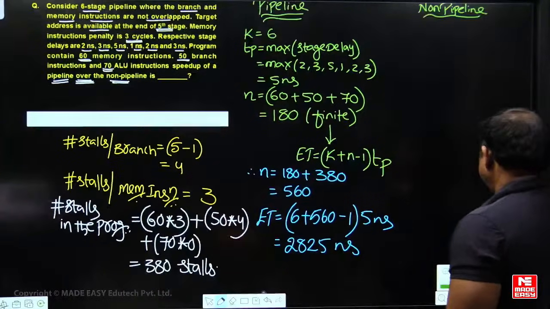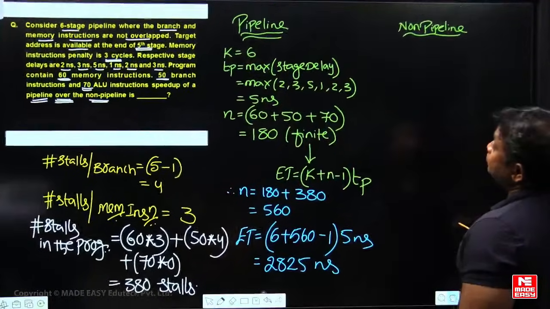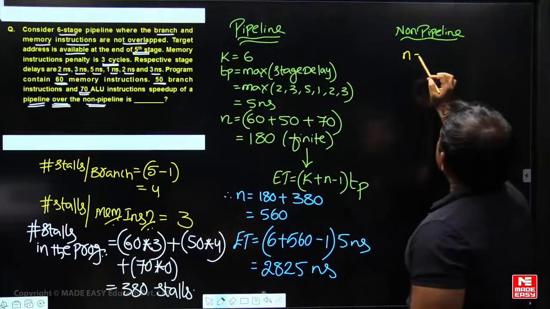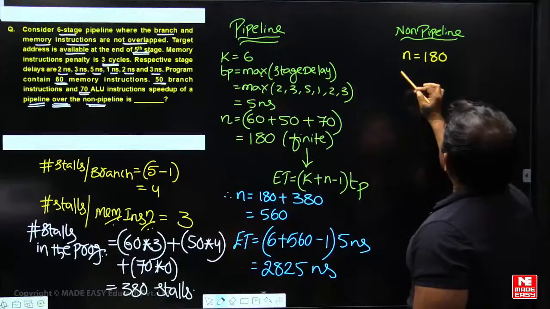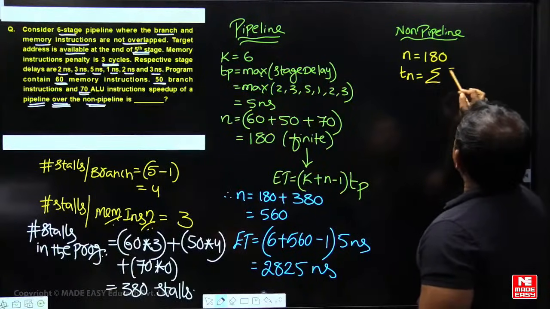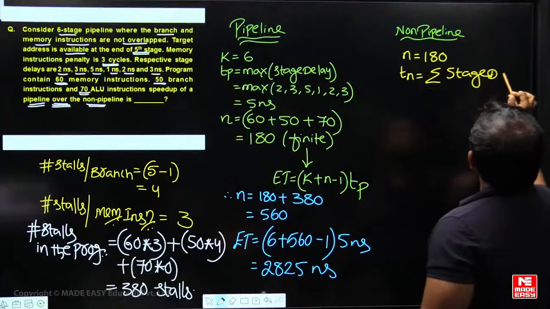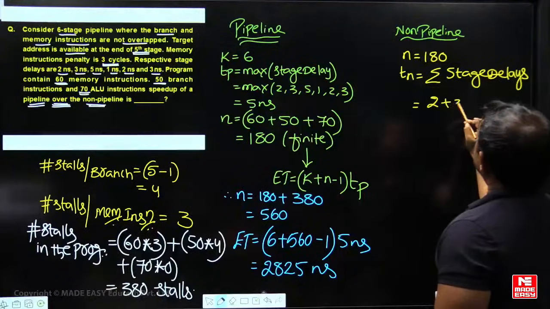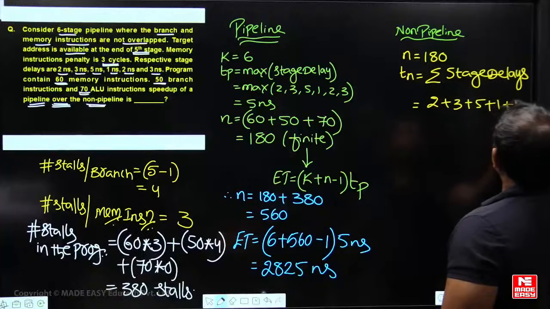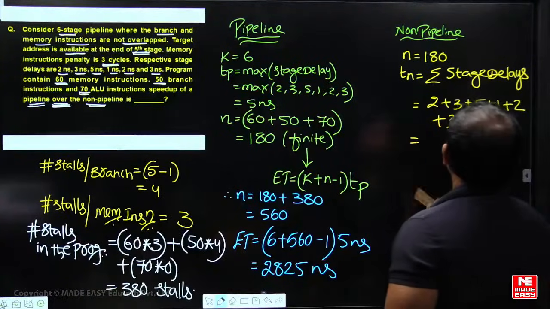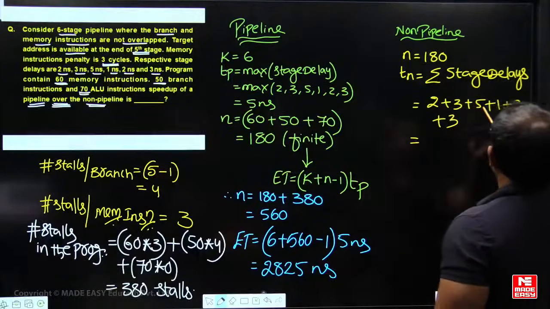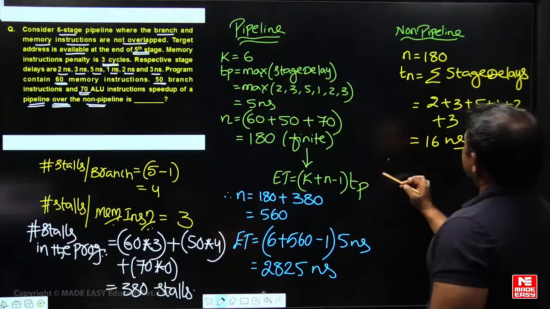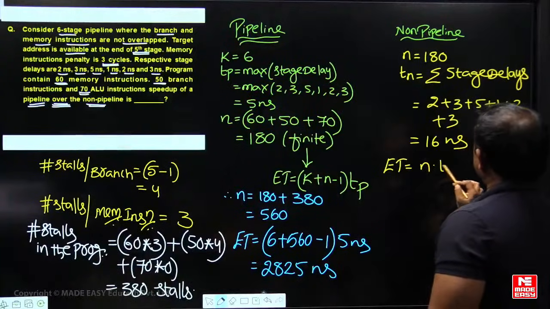Non-pipeline execution. N is already given, 180. TL, one task execution time, is the summation of stage delays: 2 plus 3 plus 2 plus 3, and so on, which is 16. So execution time is n into TL.